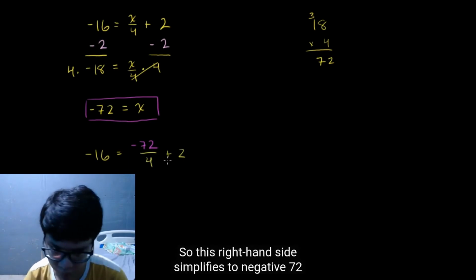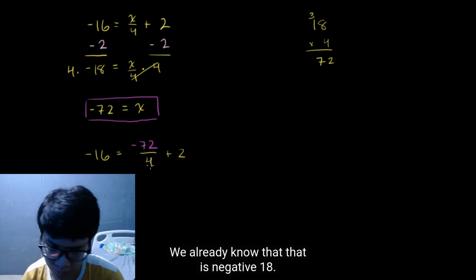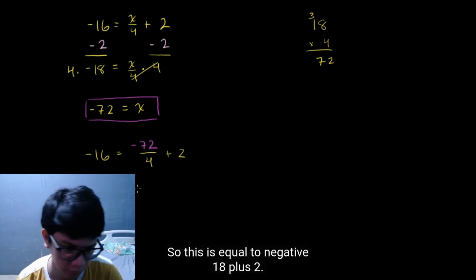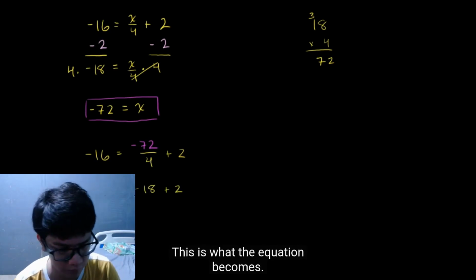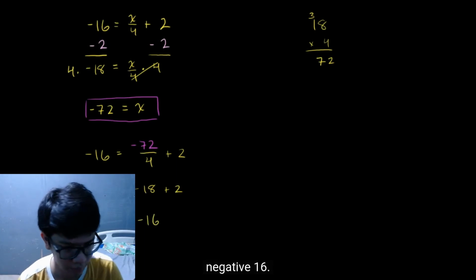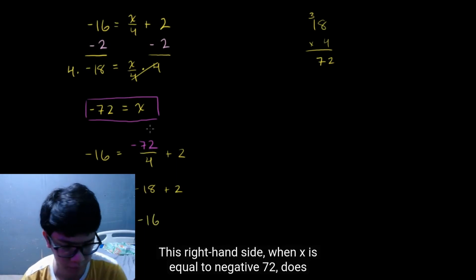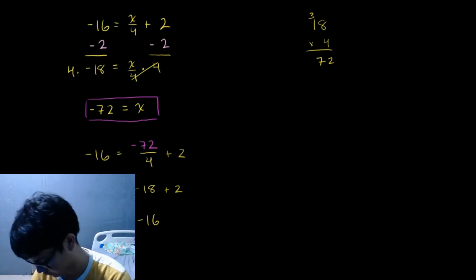So this right-hand side simplifies to negative 72 divided by 4. We already know that that is negative 18. So this is equal to negative 18 plus 2. And then the right-hand side, negative 18 plus 2, that's negative 16. So it all comes out true. This right-hand side, when x is equal to negative 72, does indeed equal negative 16.